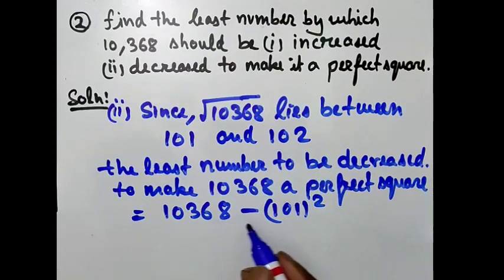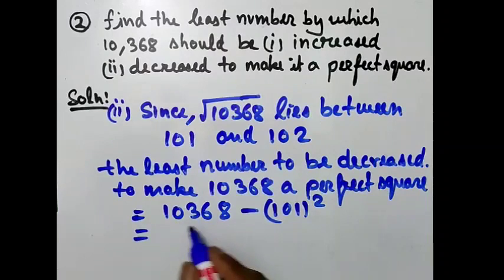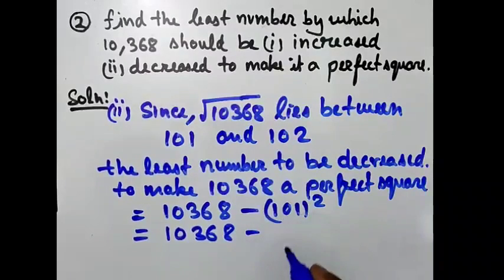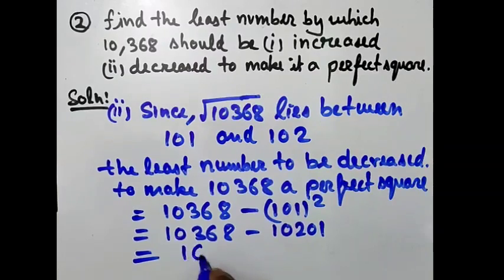Now we have to find the number that needs to be decreased from 10,368. So 10,368 is more than the square of 101, that is 10,201. Now if we subtract, we'll get 167. That is the answer.